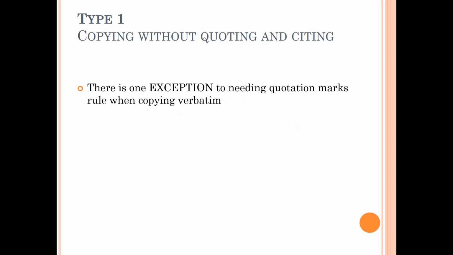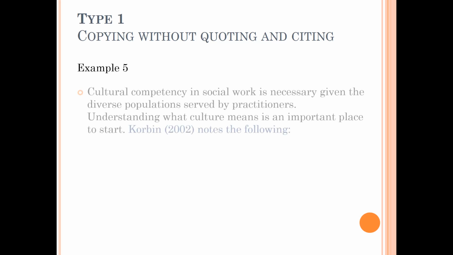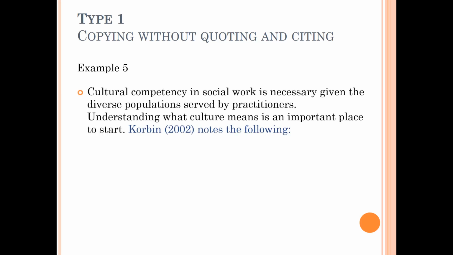Okay. There is one slight exception to the whole needing quotation marks rule when it comes to copying verbatim. But still, note that the citation in terms of an author and a year and page numbers are still needed. So what does this look like, this exception? This is example 5. So here I have those same first 2 sentences, but now instead of just having one sentence as a quote, I just want to provide that entire paragraph.